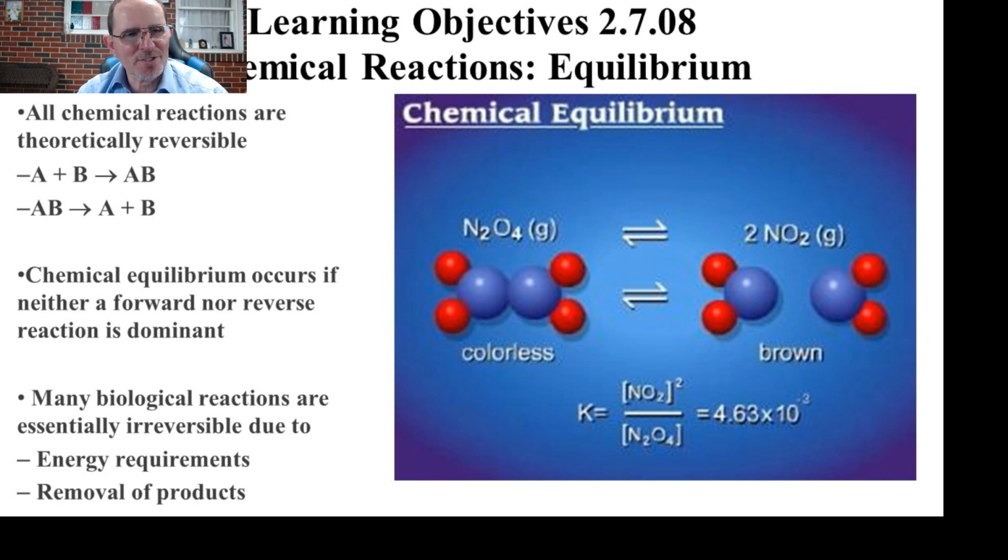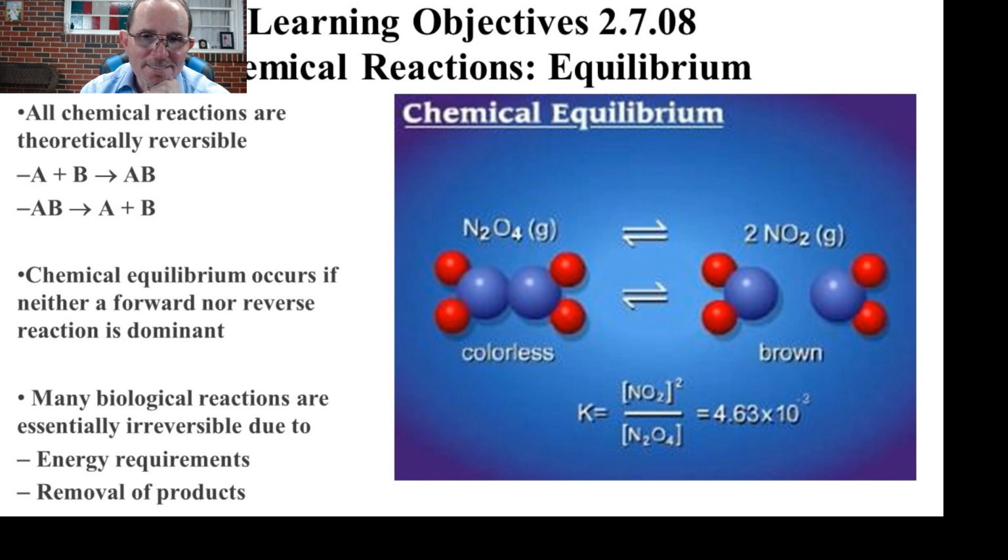Inside of a biological system like ourselves, they're basically irreversible because it takes a lot of energy to reverse it, and when we do a chemical reaction, the stuff doesn't stay in the same place, it moves away. So if it's in the same place, it could go backwards and forwards.